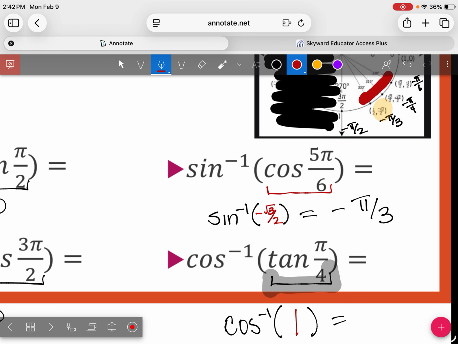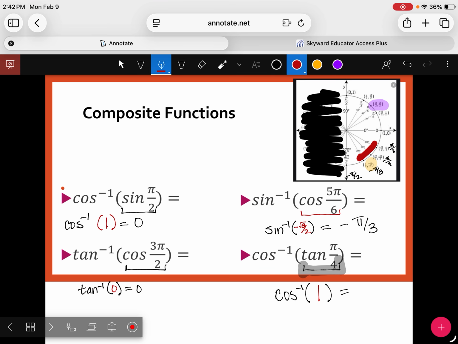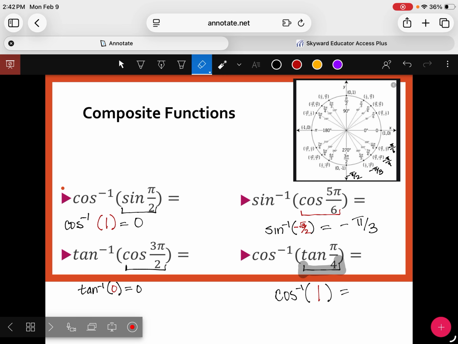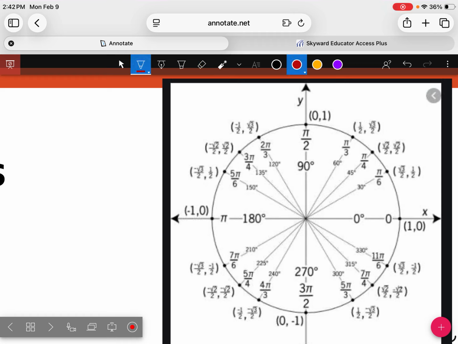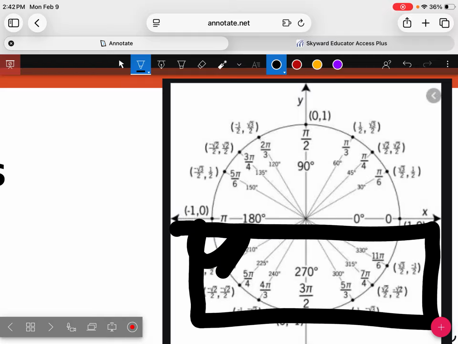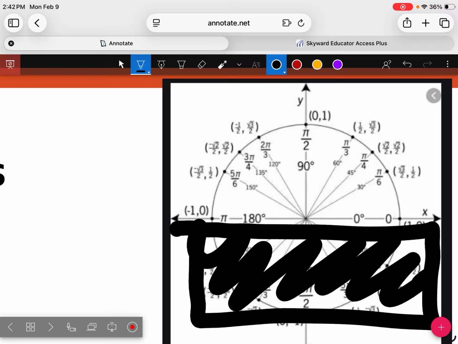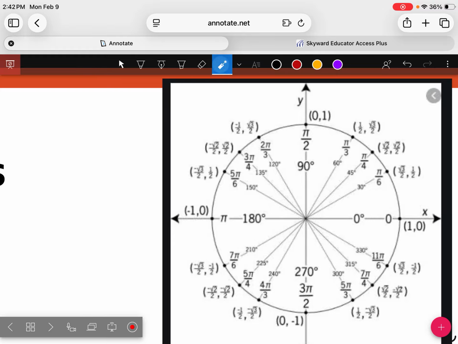So going back to the top half, where is cosine 1? And cosine is in the top half. This is where I'm looking when I'm evaluating an inverse cosine. So I'm looking at the top half. So where is cosine 1? And I kind of erased the answer, but cosine is 1 right here.